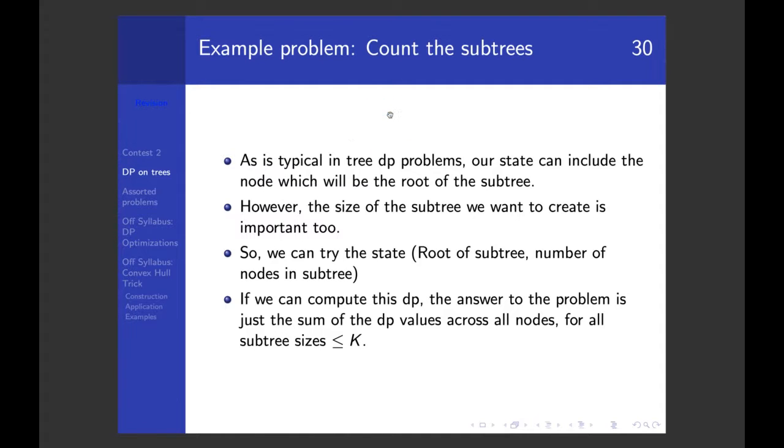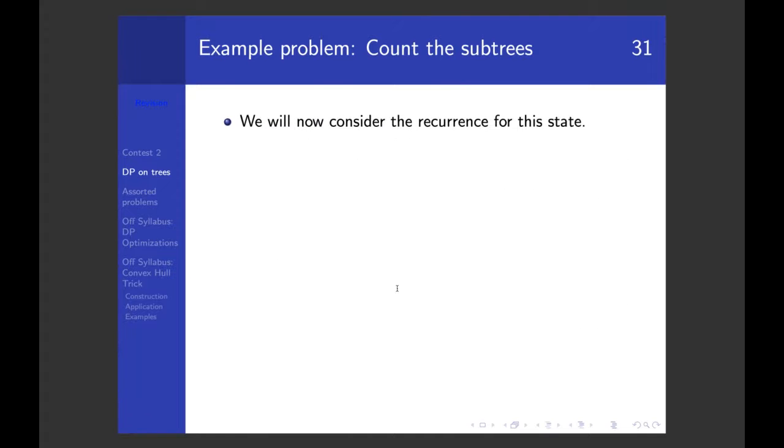So we get our answer. If we can compute this, that's still an if, just like our first suggestion. But if we can solve this, then we can solve the overall problem. Cool. Now, what could our recurrence be for our state of node and size?